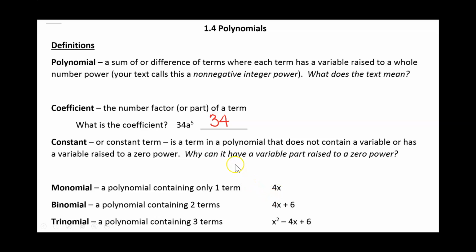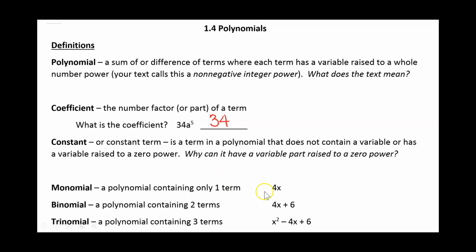Your constant is a term in the polynomial that doesn't have a variable, and so something like this 6 is a constant. Now, even though we say it doesn't have a variable with it, technically you could think of that as 6x to the 0, because x to the 0 is 1, and 6 times 1 is just 6. So that's why they say that it doesn't have a variable, or you can think of it as a variable raised to the 0 power.